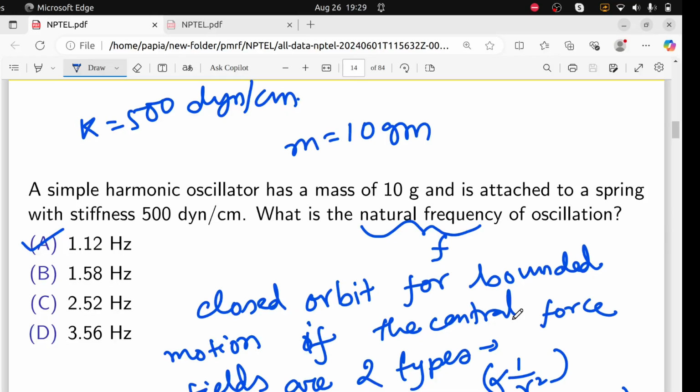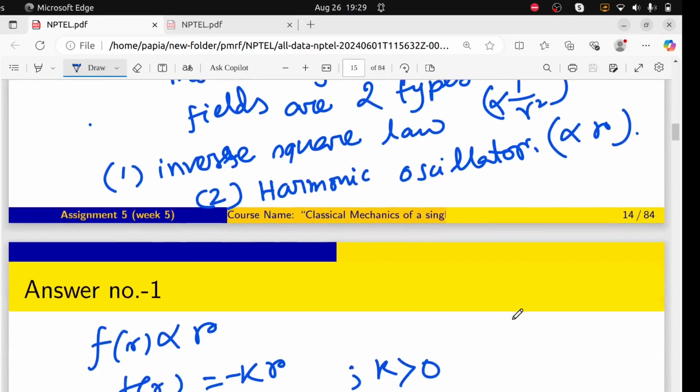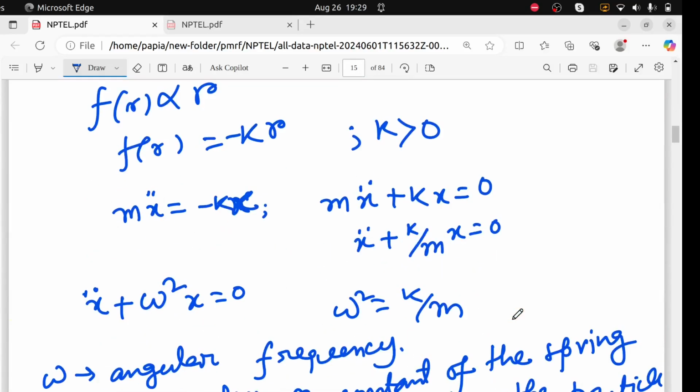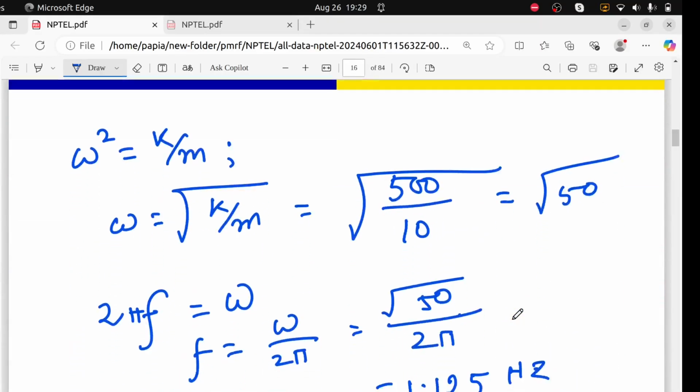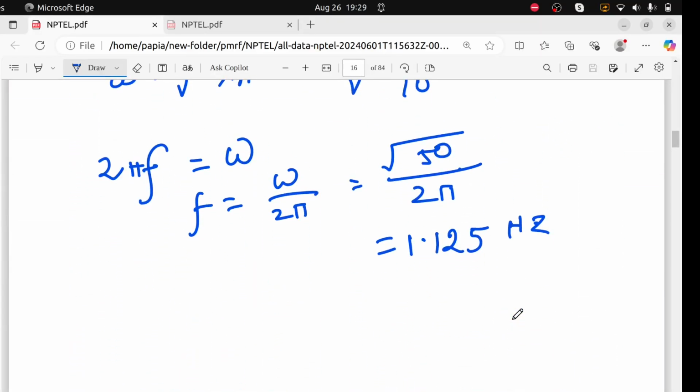So the first one is very simple, that M is given, K is given, they are asking for F. So we need to calculate the omega, then after that we need to calculate the F. And it is coming out like this.